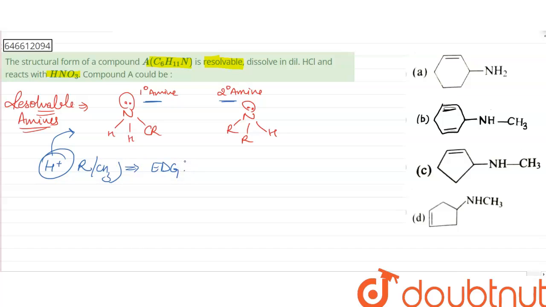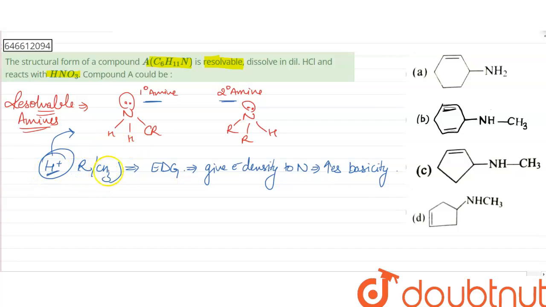Electron donating groups give electron density to nitrogen, and it will increase nitrogen's basicity. Basicity means it will increase the power to accept H plus ion.